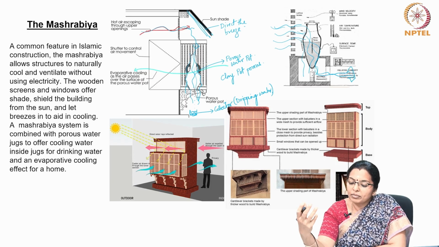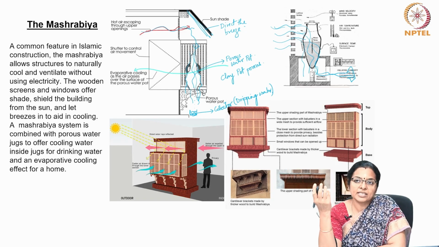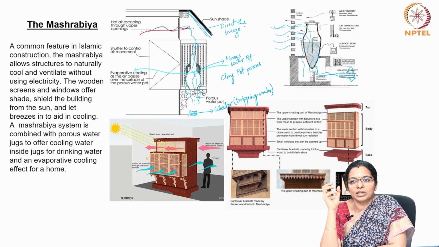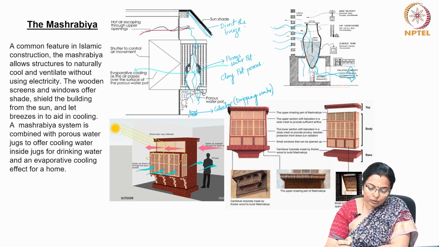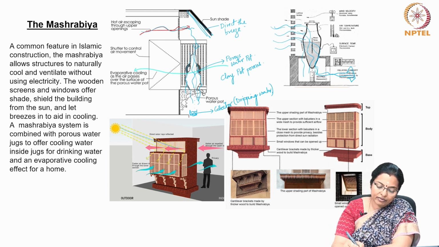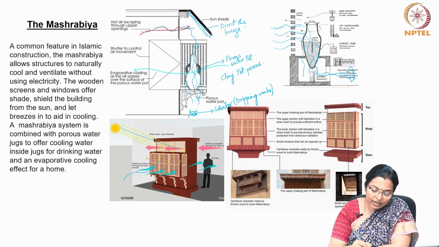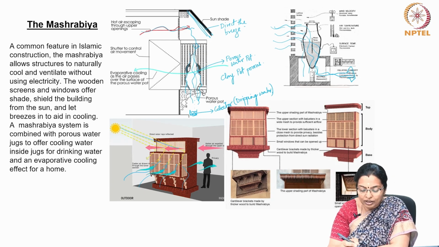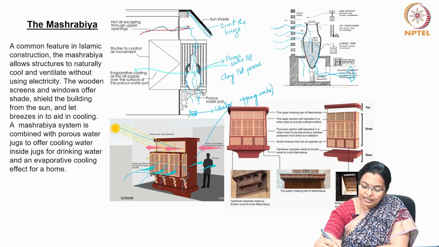So, there can be multiple ways in which this system can be used. Effectively, the mashrabia looks like this from the outside, where you have the direct solar radiation, and cool air is drawn inside through the grated jali or lattice screens, and what happens behind is actually this.